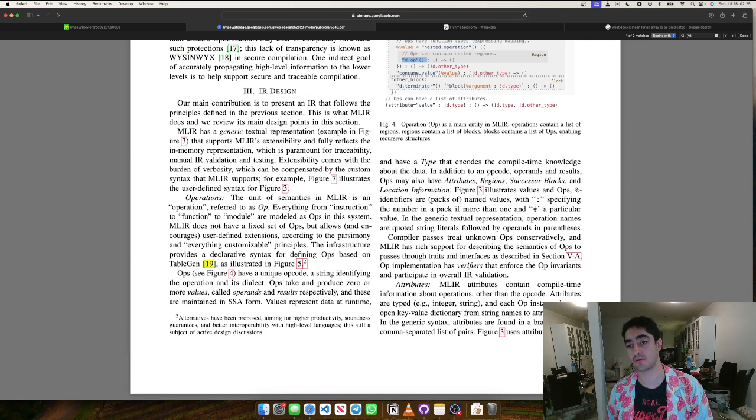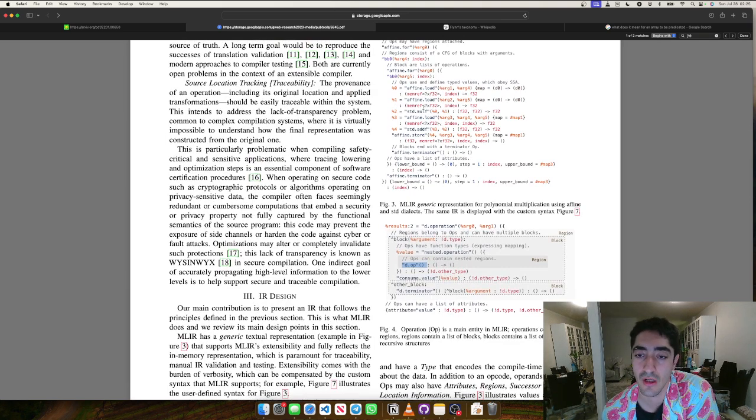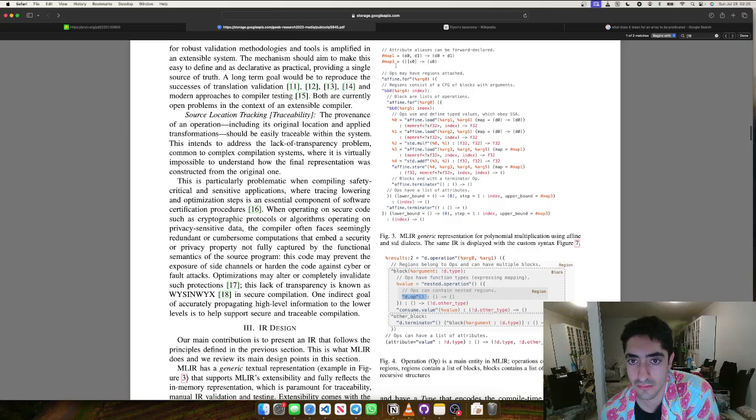In addition to an opcode, operands, and results, ops may also have attributes, regions, successor blocks, and location information. Figure 3 illustrates values and ops. Or the operations here. Okay, so lower bound, it's a function returning a number. I guess step 1, index upper bound that.